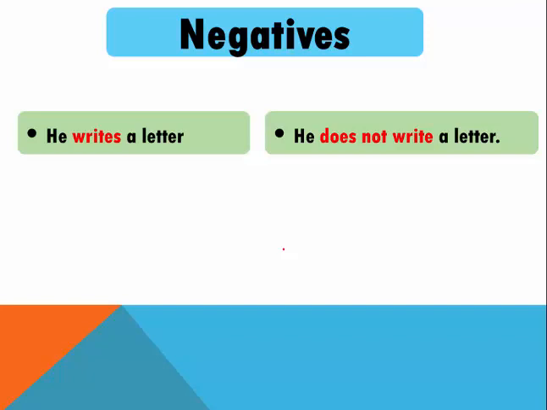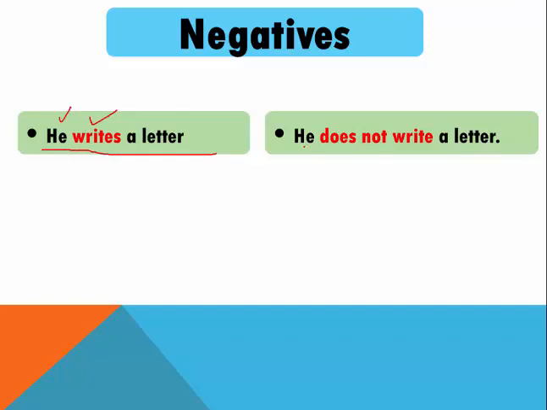So what happens when the question is asked in simple present tense? So you want to answer, you want to make a negative of it. Let's say, he writes a letter. It's a singular, and the verb is also singular.